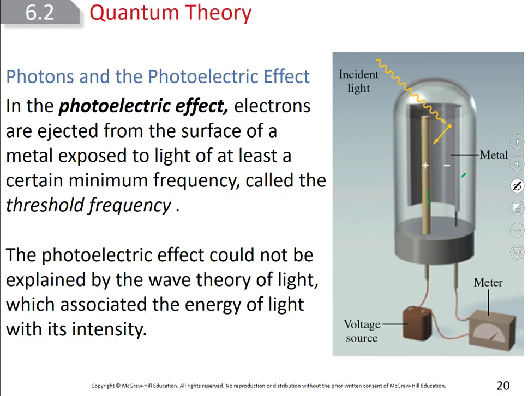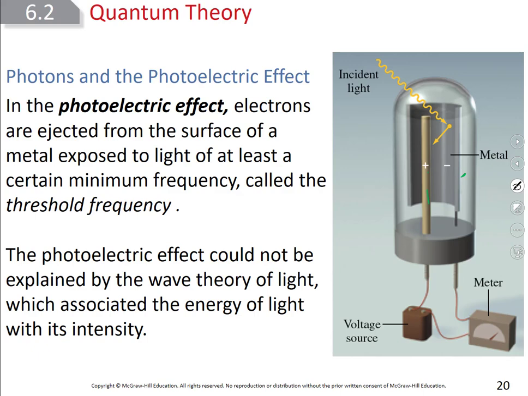One of the interesting things about the photoelectric effect is that shining a small amount of light did nothing. There was a minimum amount of light that you had to shine on it before you got any electrons thrown off of the metal.